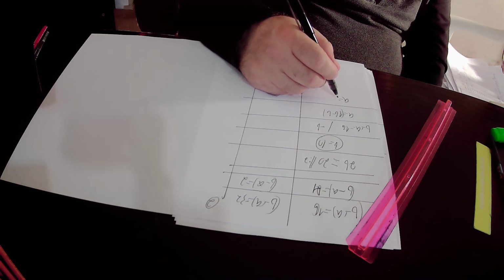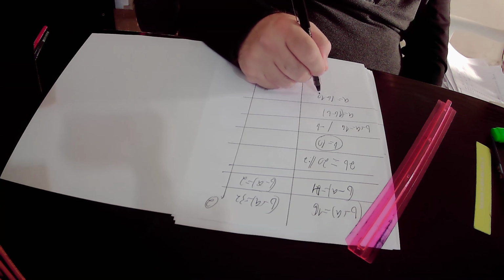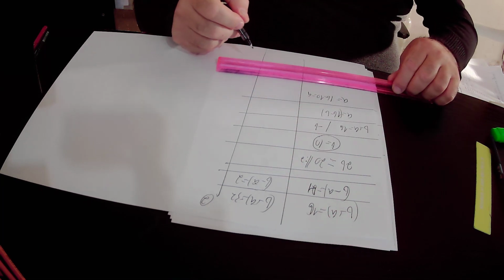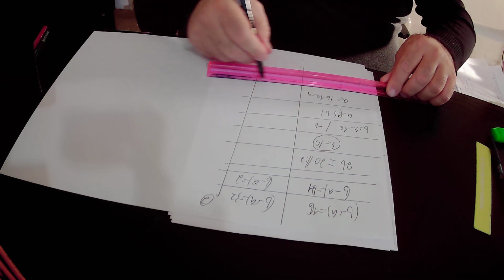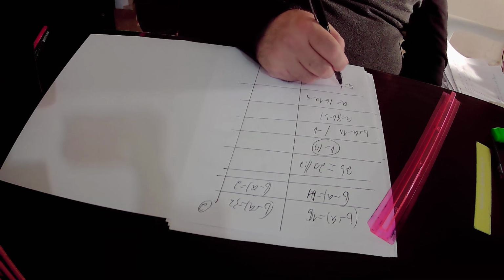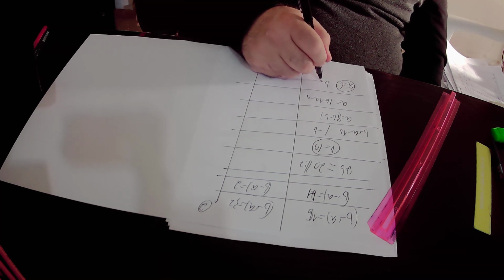So a equals 16 minus 10, that is 6. So in conclusion, according to the first option, we found the values of a and b. That is to say, a equals 6 units, and b equals 10 units.